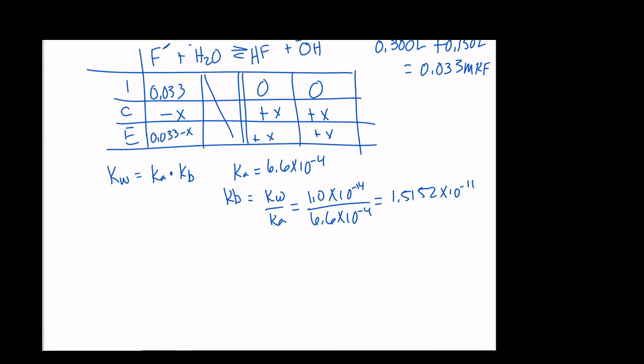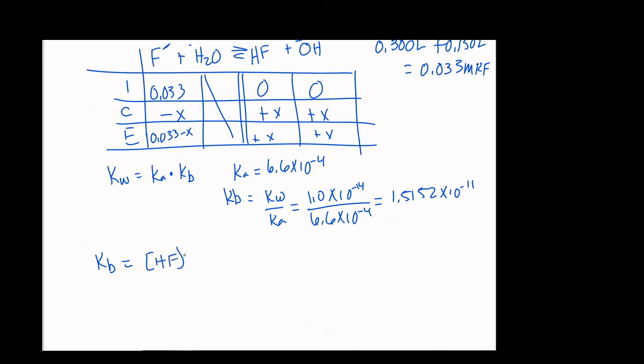So now we can set up our equilibrium expression. We're not talking about dissociation of an acid, we're talking about dissociation of water by a base, and therefore we need to write the equilibrium expression with the Kb. So let's just go ahead and write that down. Kb is equal to, oh no, I'm doing that wrong thing again.